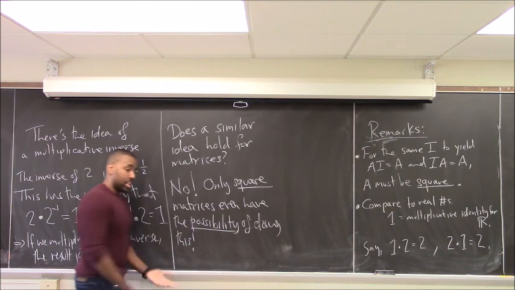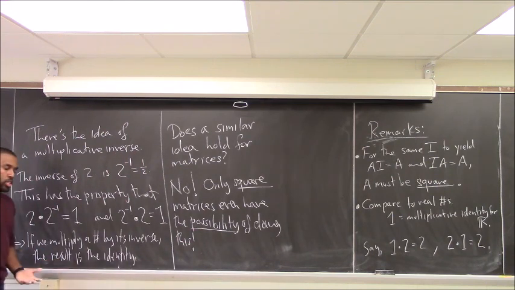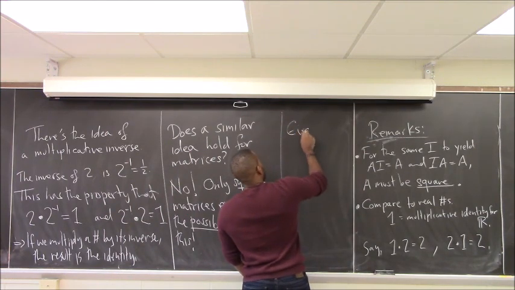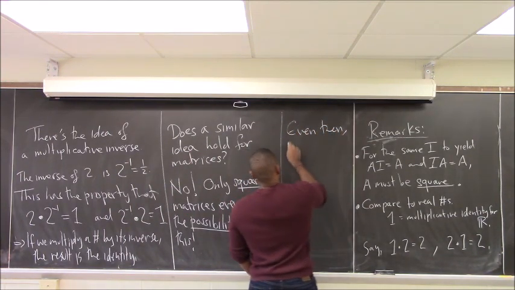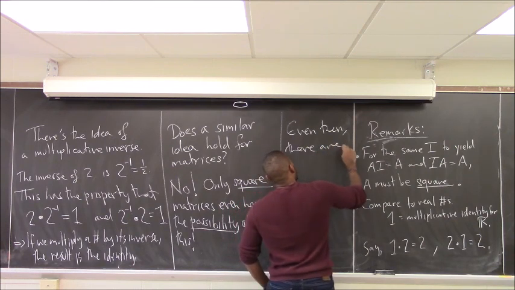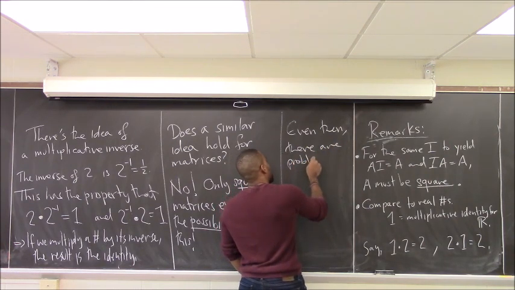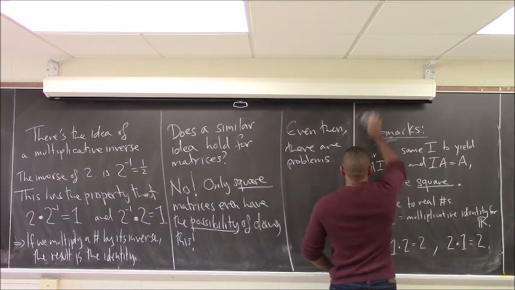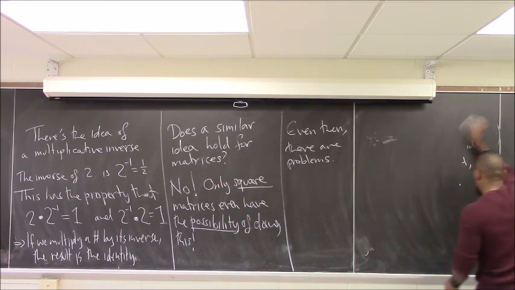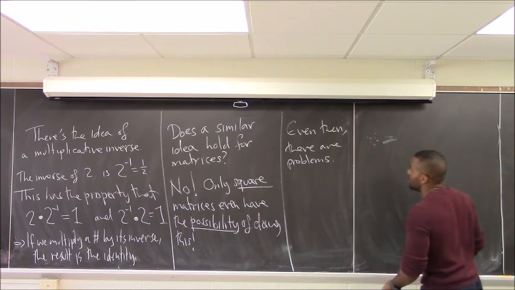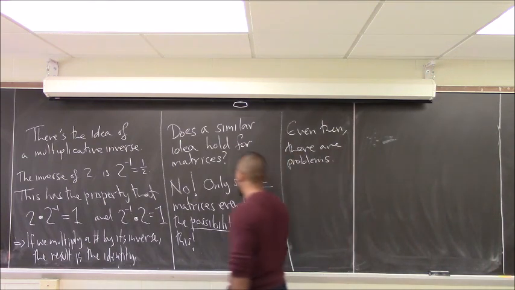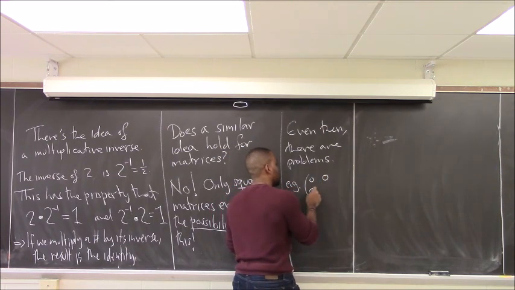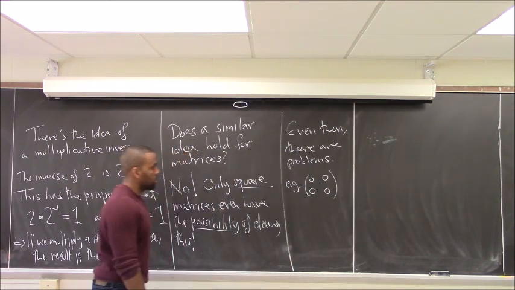Okay, and it's actually just a possibility. There are square matrices where this still won't work. Even then, there are problems. I can give you a few examples. Zero matrix.